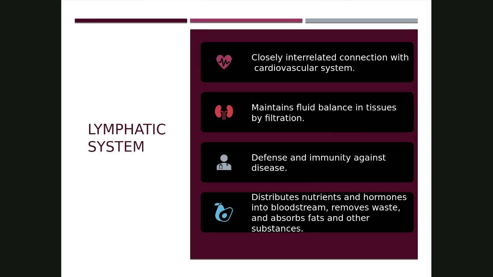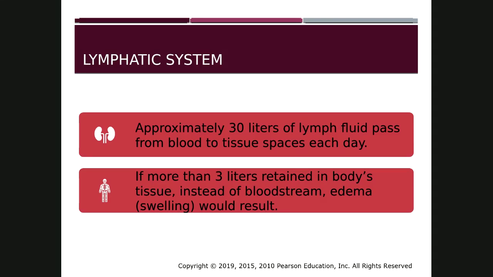They act in defense and immunity against disease, and they distribute nutrients and hormones into the bloodstream, remove waste, and absorb fats and other substances. The lymphatic system has approximately 30 liters of lymph fluid pass from blood to tissue space each day. If more than 3 liters are retained in the body's tissue instead of the bloodstream, edema or swelling could result.